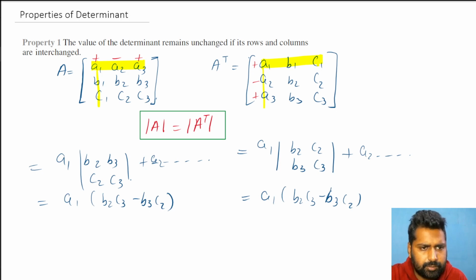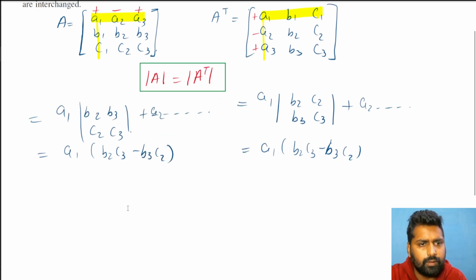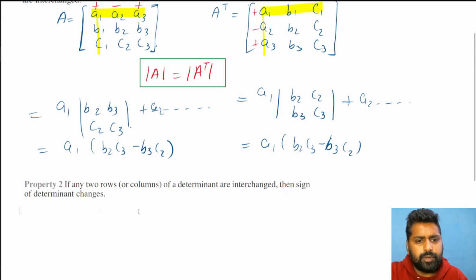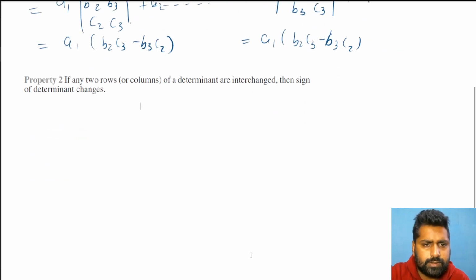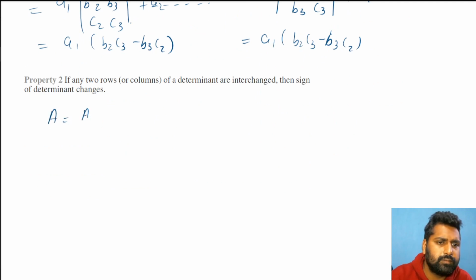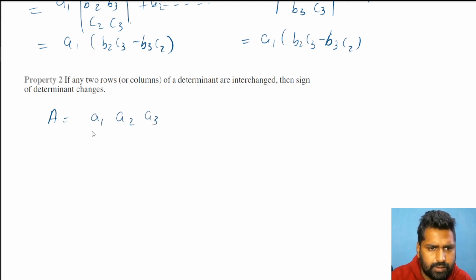Let's take another property, property number 2. I'll take the same matrix A: A1, A2, A3, B1, B2, B3, C1, C2, C3.